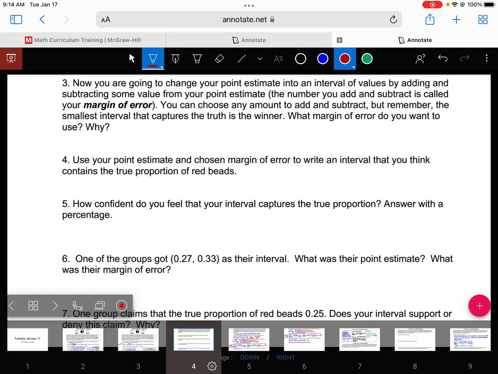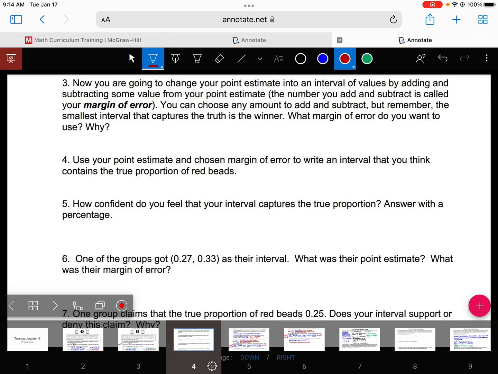So your interval would go from 0.3 to what? 100, right? To 100. So if you think the true proportion is that small, you can add and subtract that to both sides.